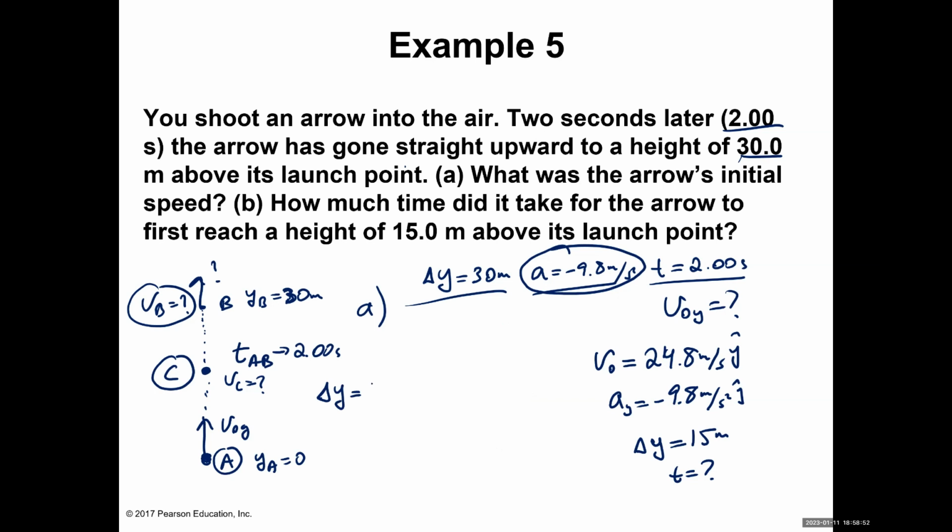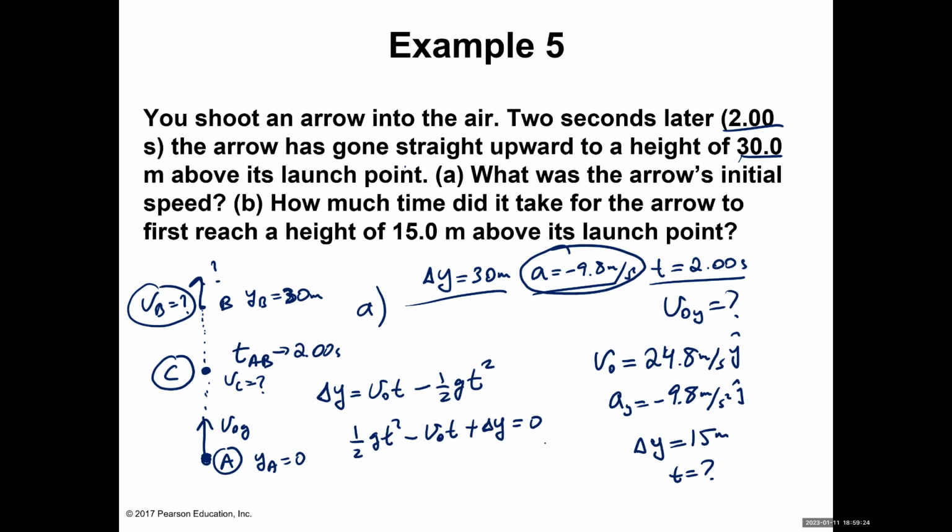So delta y equals initial velocity times time, then let me put minus 1/2 g t squared. This is for me the best way not to make mistakes. All right, so this is what I can rearrange. If I move everything to the left side, I end up with 1/2 g t squared minus v initial times time, plus delta y equals 0.